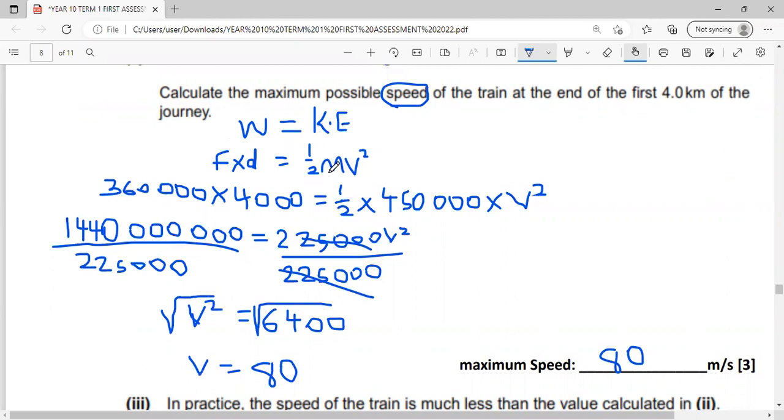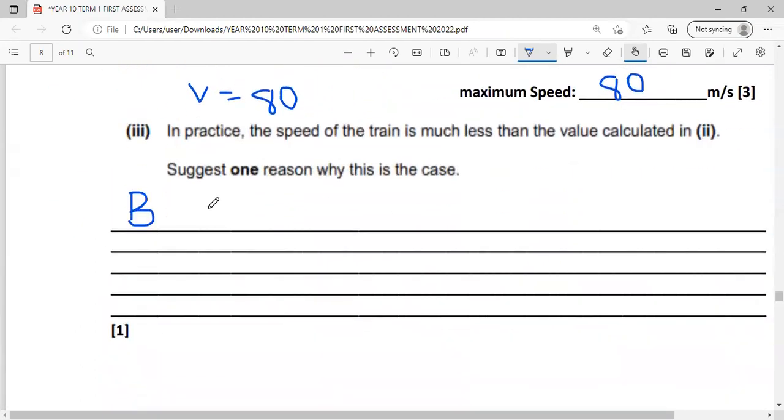But in practice, all of the work done will not be converted to kinetic energy because some energy will be lost due to friction. Friction will consume some energy. So just one reason, your reason is because friction will consume some energy.